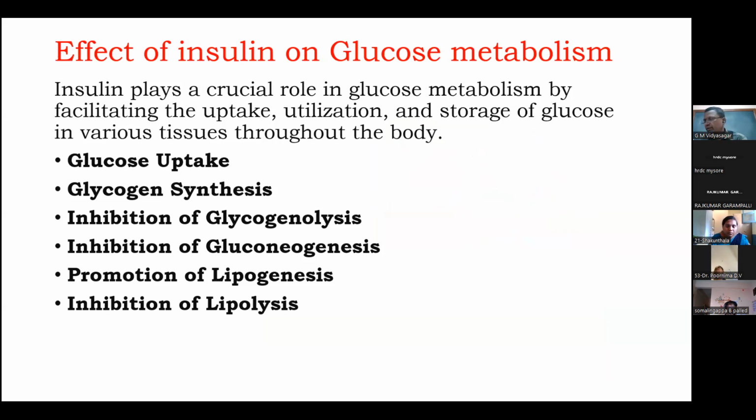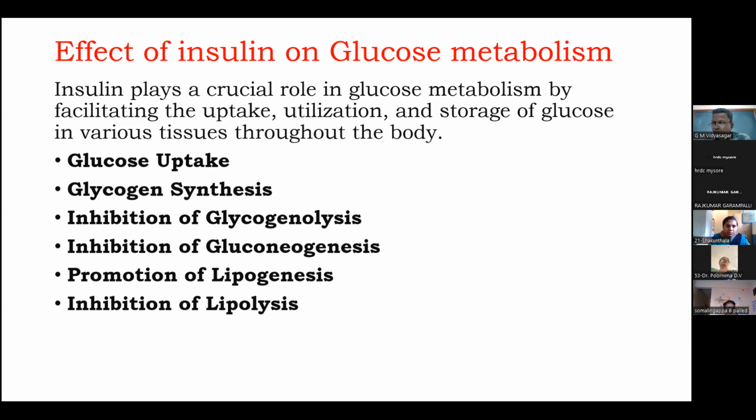Effect of insulin on glucose metabolism. See, insulin plays a crucial role, as we have seen, in glucose metabolism by facilitating the uptake, utilization, and storage of glucose in various tissues throughout the body.